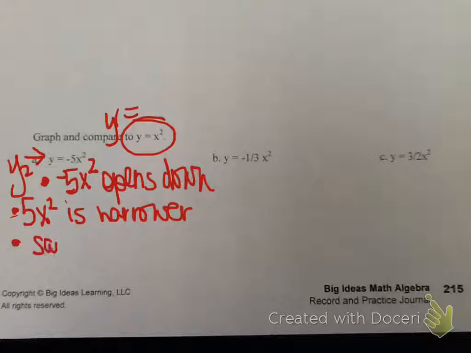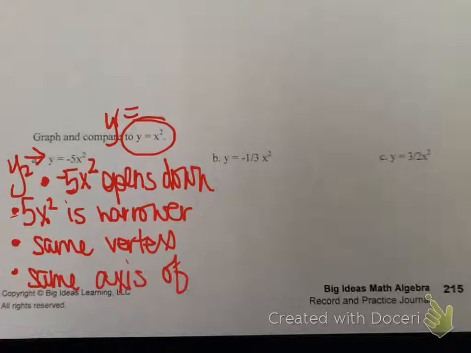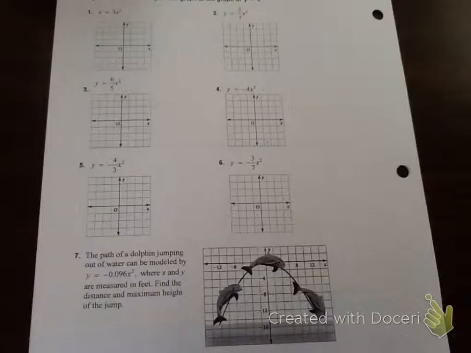They have the same vertex at (0, 0), and they have the same axis of symmetry at x equals 0. If they have the same vertex, they're always going to have the same axis of symmetry. So I would like you to try B and C for homework. And then I've given you some graphs on the back page.